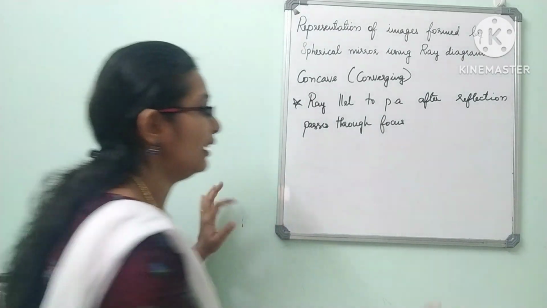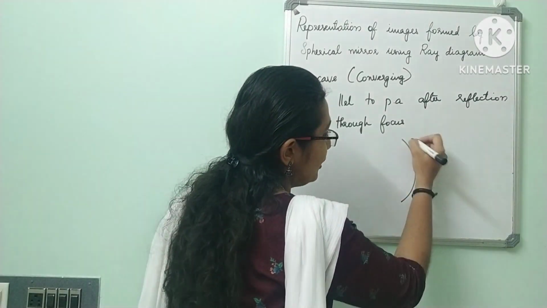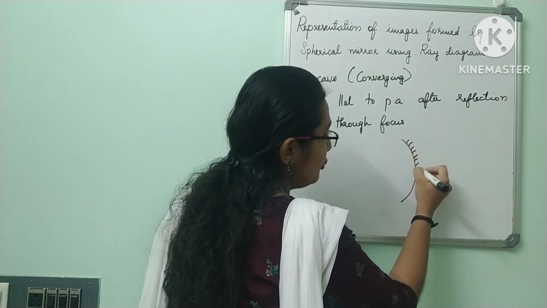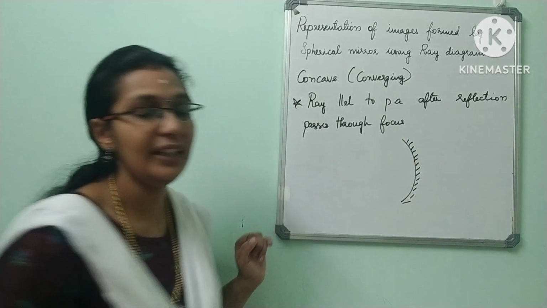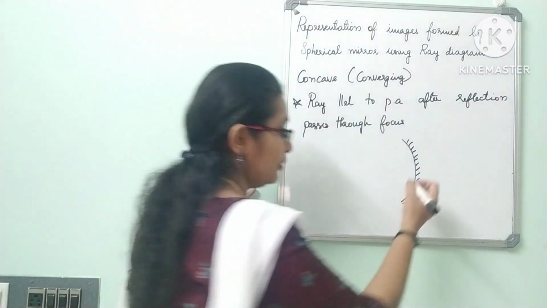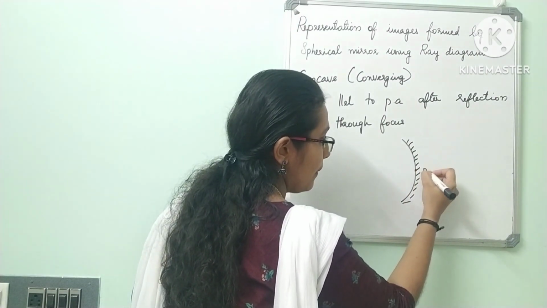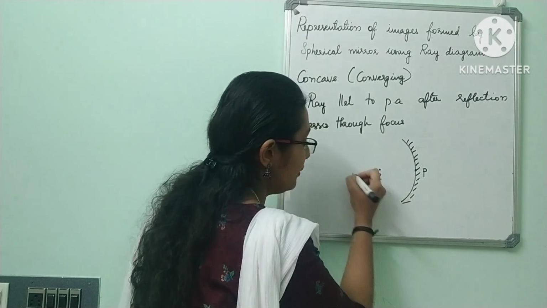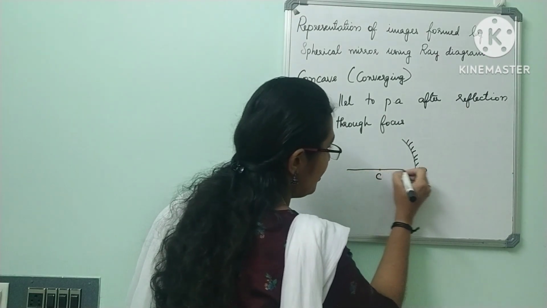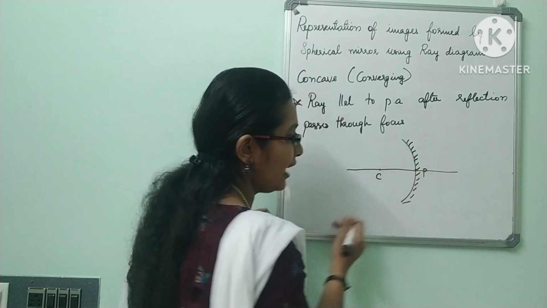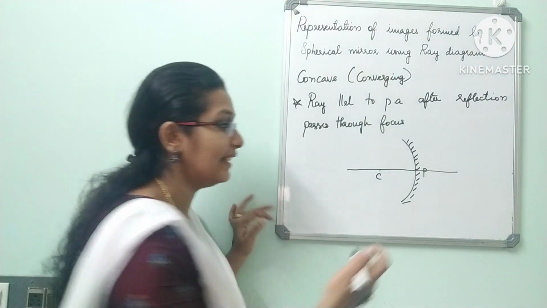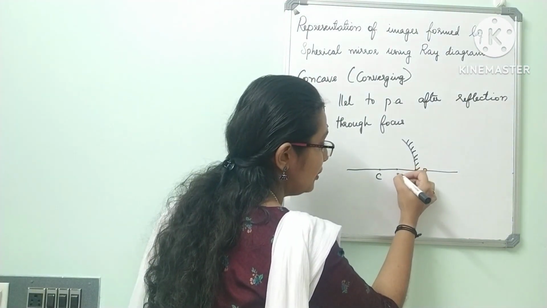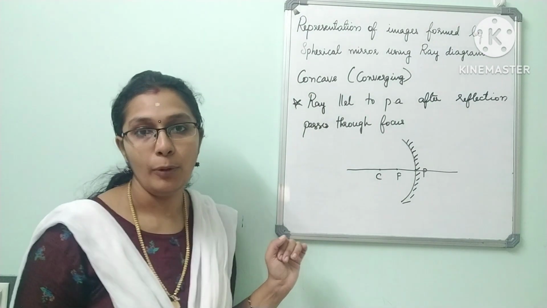So the first thing, you have to draw a concave mirror. For concave mirror only we are drawing this, right? Yes. Now locate the positions. Here you have pole, and here you have center of curvature, and a line joining center of curvature and pole is the principal axis, and you have focus in between center of curvature and pole.